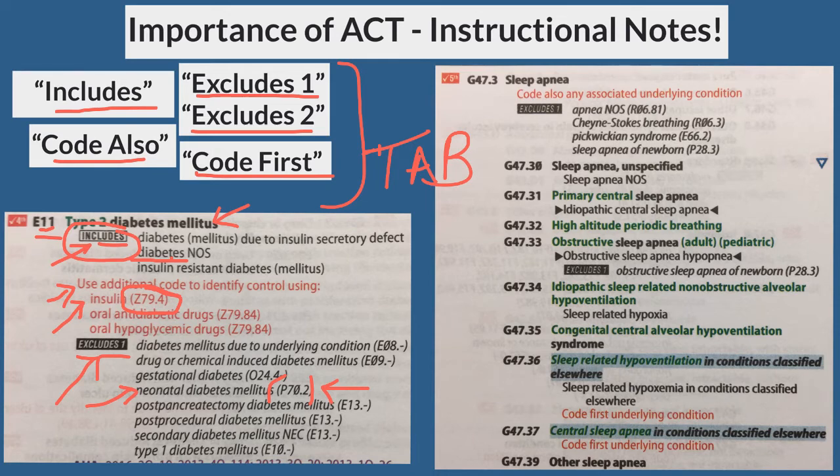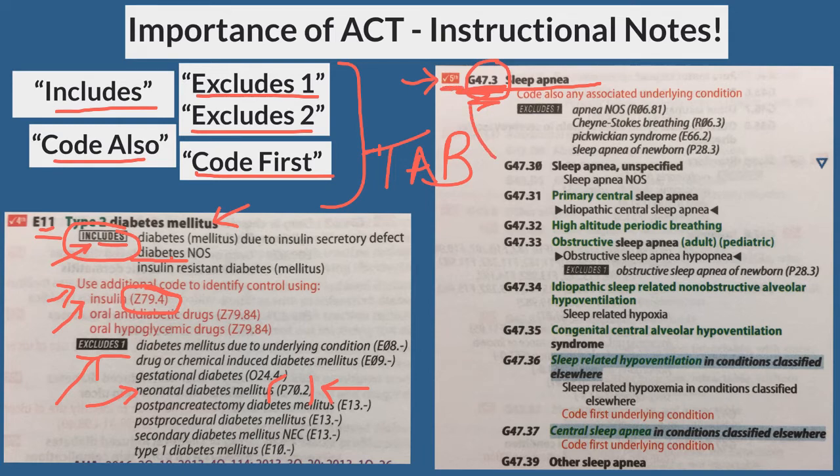Let's go ahead and take one other look at an example from the tabular list, this time for sleep apnea, G47.3. Let's say in the alphabetic index you found your way to G47.3. We've got this reminder here saying, hey, these 4 characters are not valid as a code. You must pull in a 5th character.